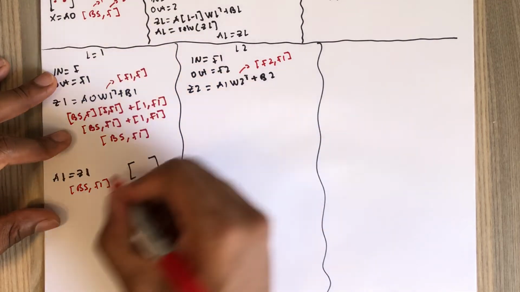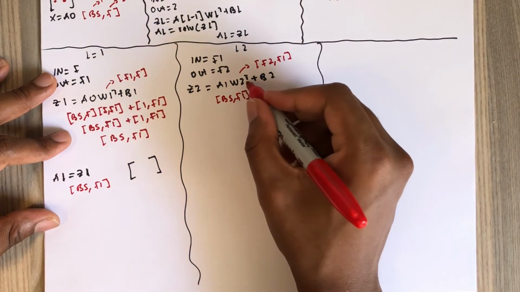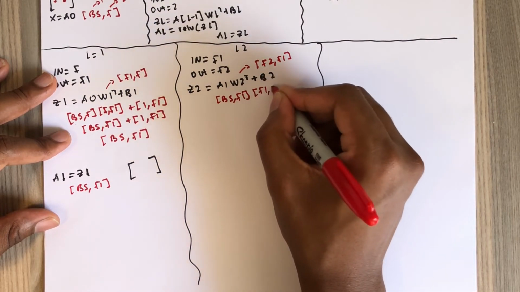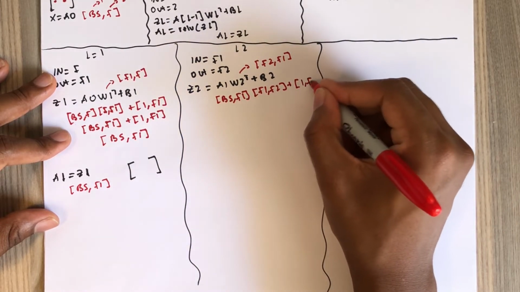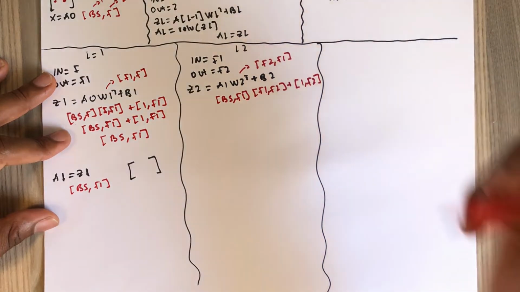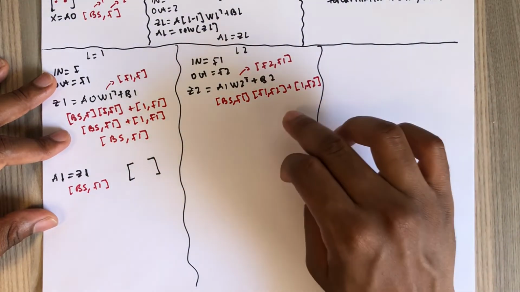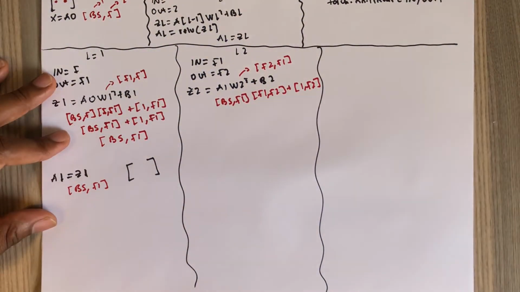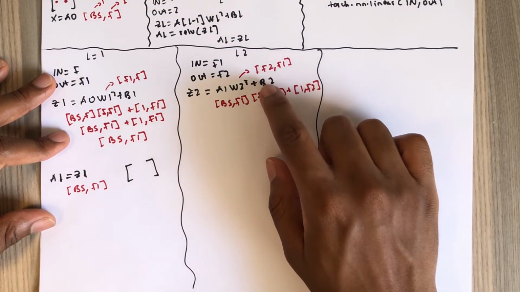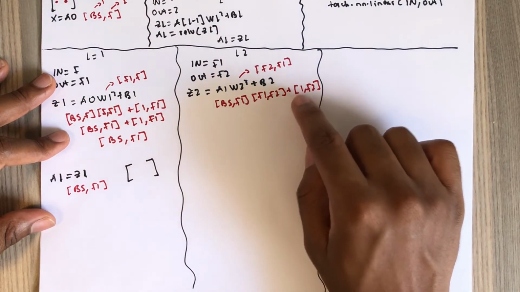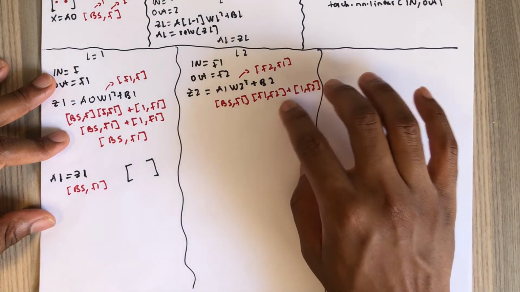We know that A1 has a dimension of BS by F1. The transpose of W2 is F1 by F2. B2 has a dimension of 1 by F2. I wanted to write the dimension of BL in here, but we don't need to. For each layer L, the dimension of BL is always 1 by F, the features of that layer.